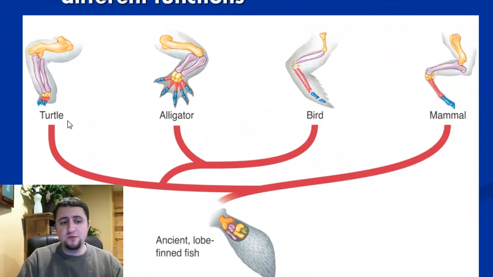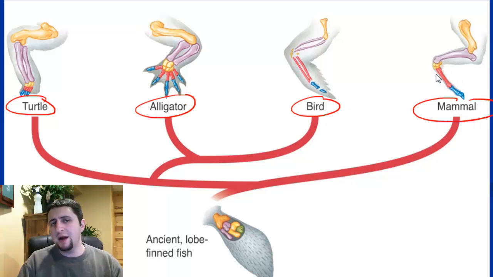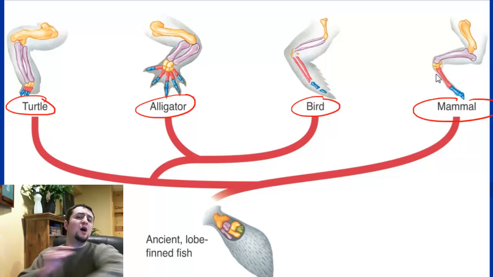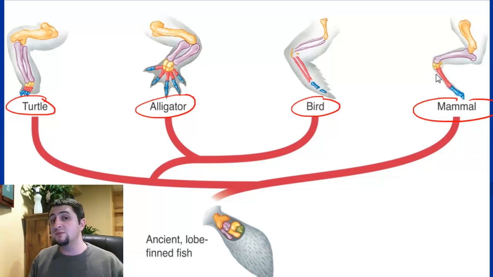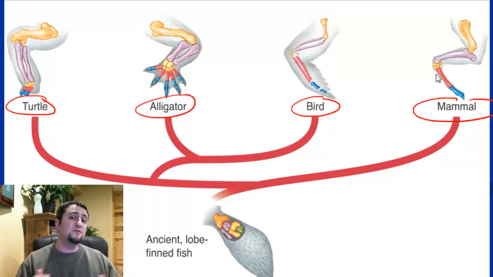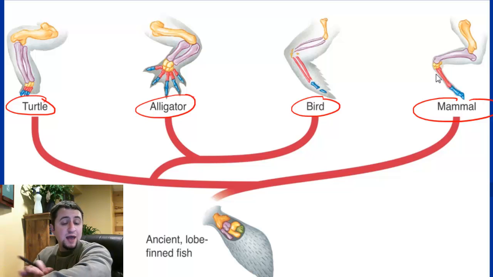For example, if we take the modern-day turtle, the alligator, the bird, and the mammal, and we compare them, even though the arm bone, or the front arm, paw, or limb of each one of those organisms on the outside may look very different, on the inside, the actual bones and the structures that make up that arm are very similar.